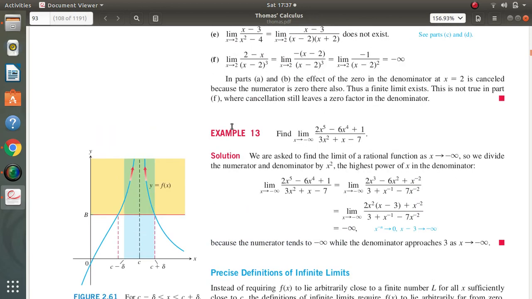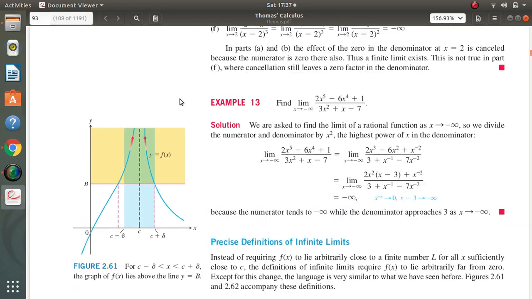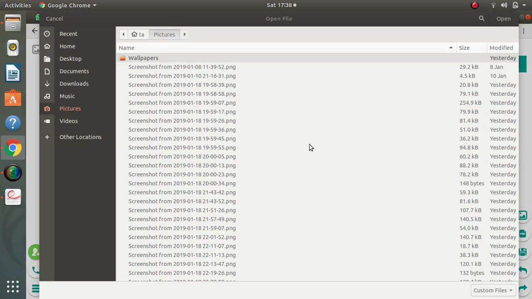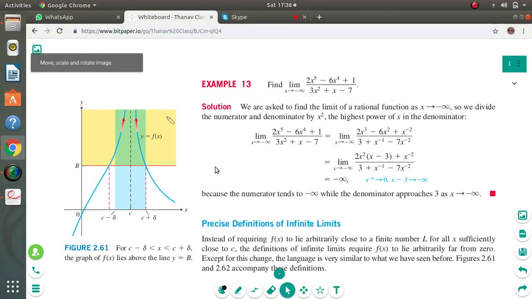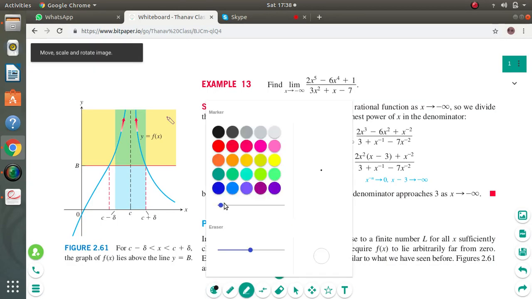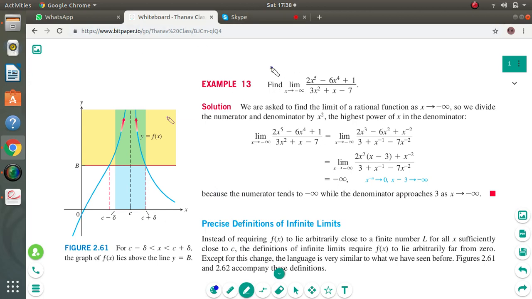So we need to solve a limit where x tends to minus infinity. Yeah, let's do it. The limit as x tends to minus infinity of (2x^5 - 6x^4 + 1) divided by (3x^2 + x - 7).